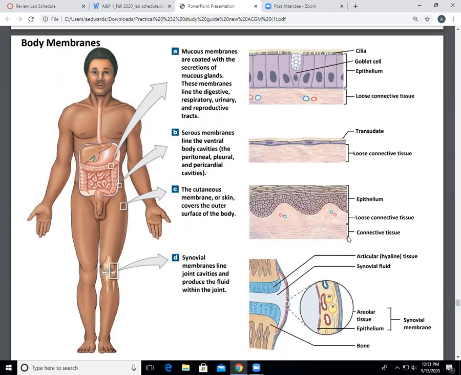Here's one way you would know that you have a mucous membrane. Right there. This is a goblet cell. Okay, so if you see a goblet cell, it's a mucous membrane. And what do goblet cells produce? Mucus. How do you even know that?